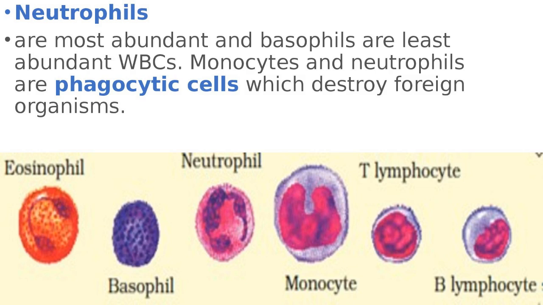The percentage of the monocyte is 6 to 8% of the WBC, and lymphocytes are 20 to 25%, which form our immune system. Lymphocytes further divided into two categories, T lymphocyte and B lymphocyte, which we will do in next +2 chapter about immune system.